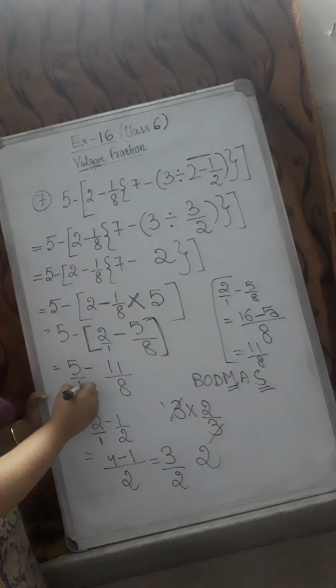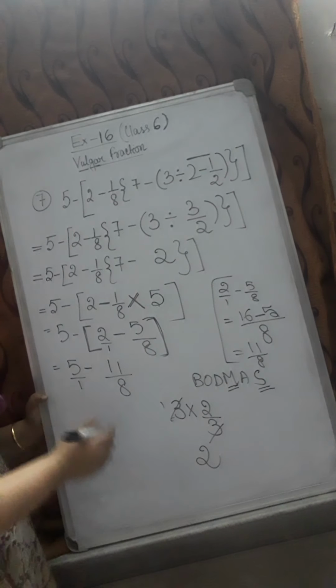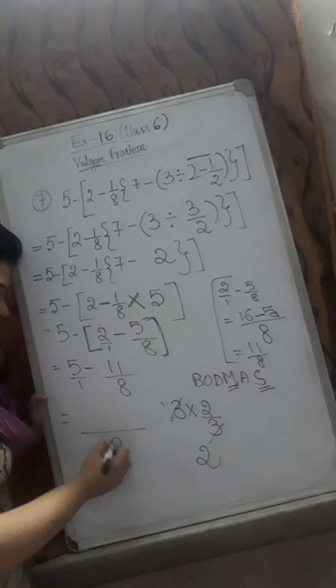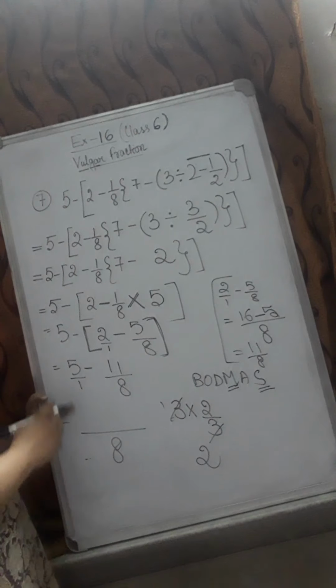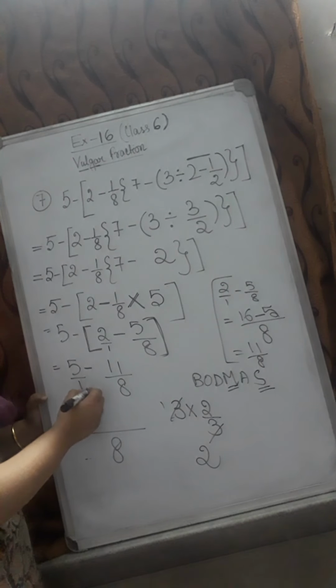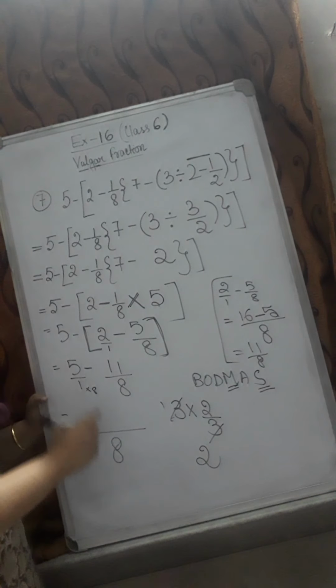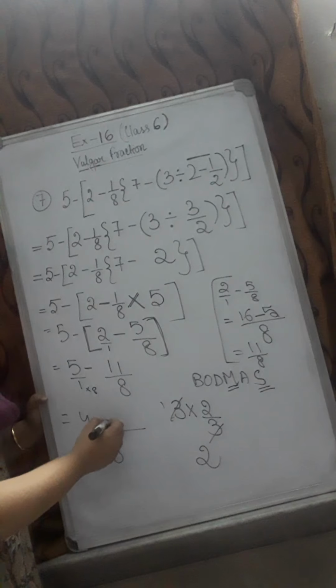Again take 1 over here. If you take 1, what is the LCM? 8. Now 1 into how much gives you 8? 1 into 8 gives you 8. That 8 you have to multiply with 5. 8 5s are 40.